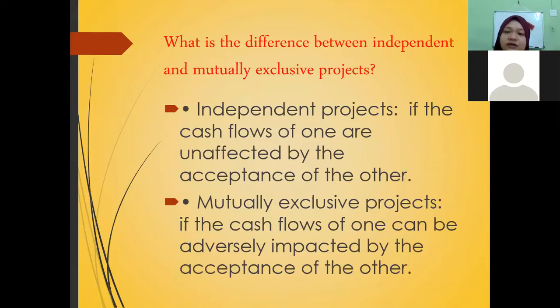If it is an independent project, it means all the alternatives you have are not affected by each other. If you invest in project A, there is no effect if you also invest in project B, because each of the investments is independent, right?